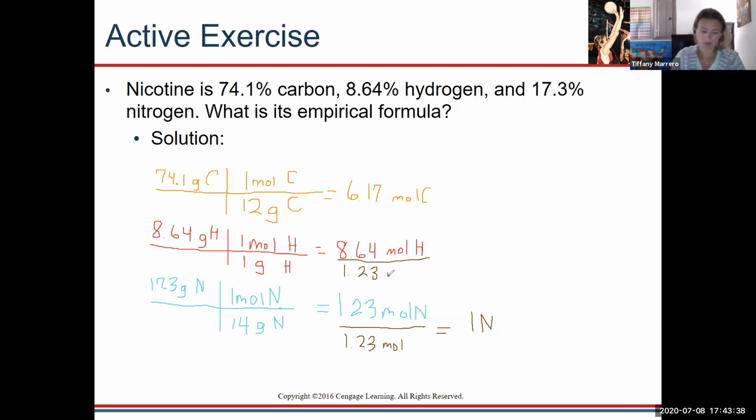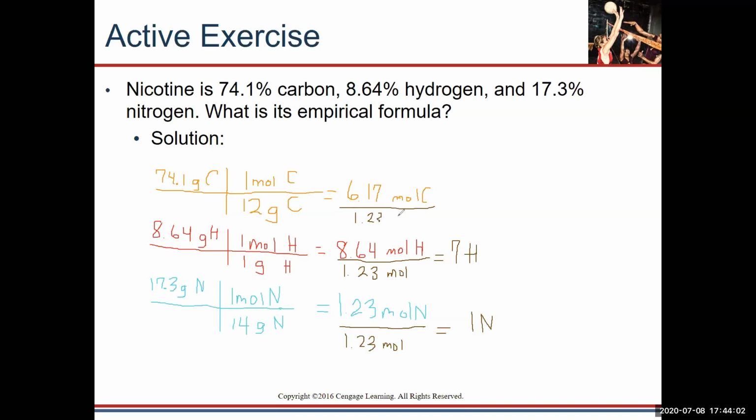That one will be 7, I think. Let's see. And that would be 5. Yeah, that would be 5, right?